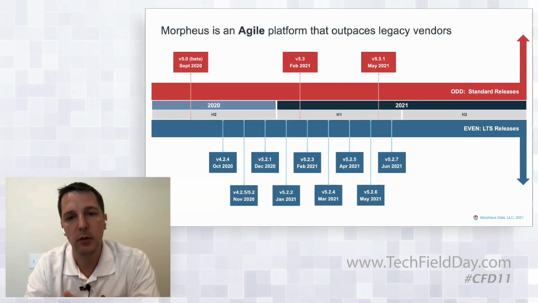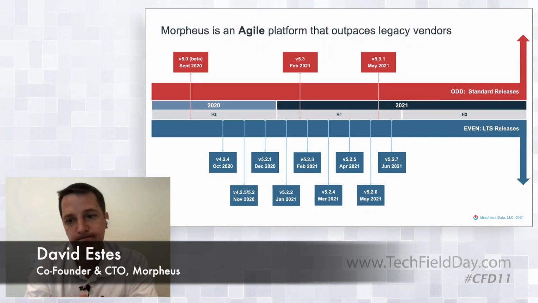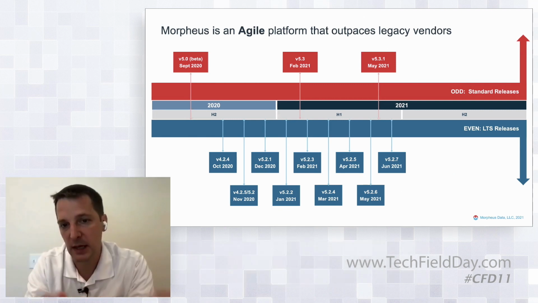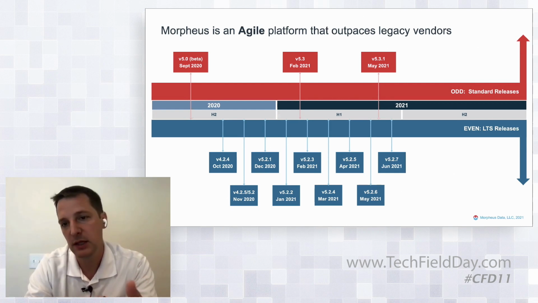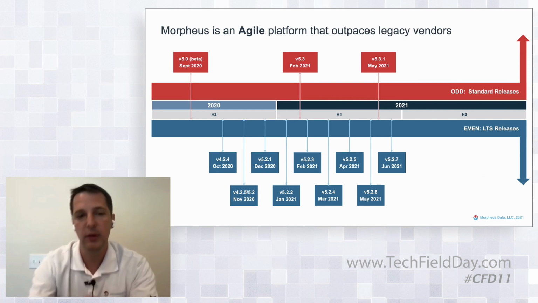First off, one thing we want to mention is Morpheus has a very agile release cycle. So as we get into this and we start talking about self-service, we do have a consistent release cycle where we actually release a long-term support version every 4 weeks and a standard release on a varying cadence. And that's really where we are free to add features.